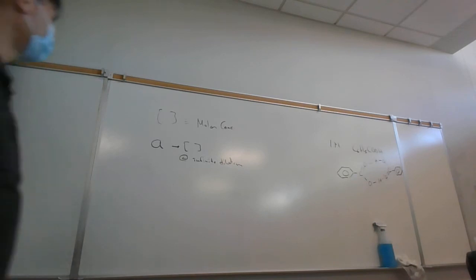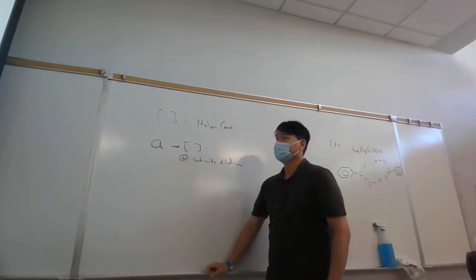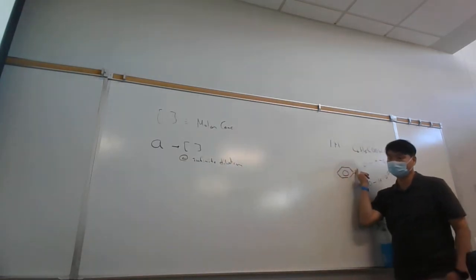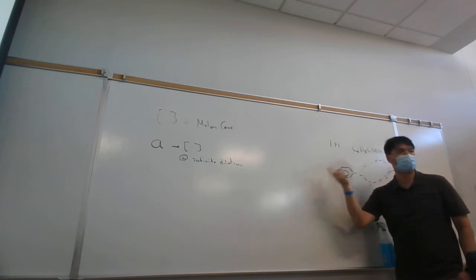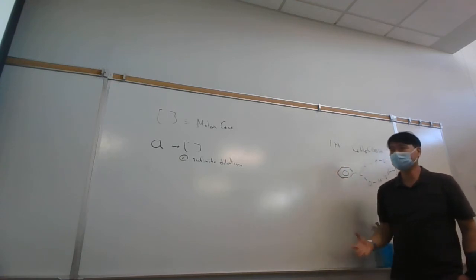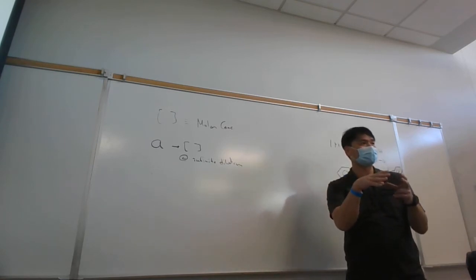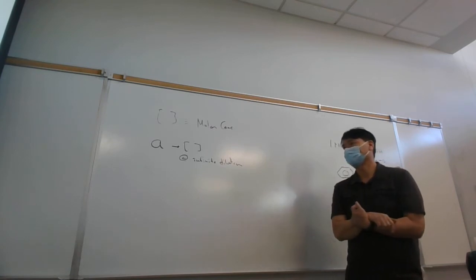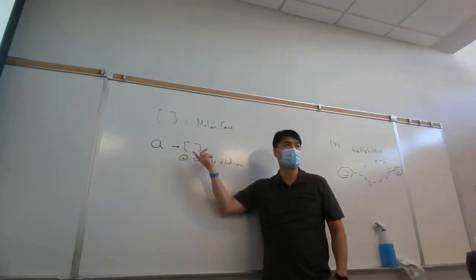But the activity, this is for solutions here. The molar concentration of benzoic acid and the activity of benzoic acid will be totally different things. But for most things, they don't have these very strong intermolecular forces of attraction, so we don't worry too much about the activity deviating significantly from the molar concentration.